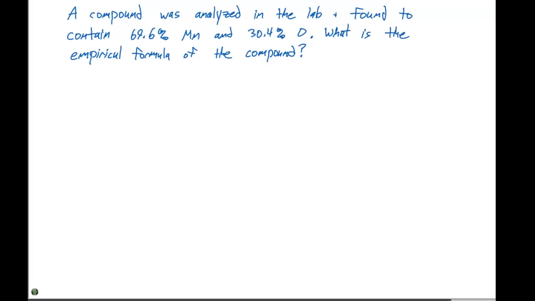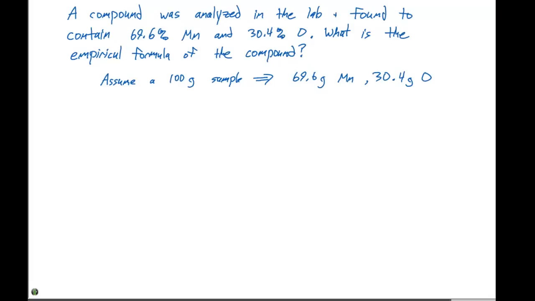So, step number 1, we are going to assume a 100-gram sample. If this is the case, we will have 69.6 grams of manganese and 30.4 grams of oxygen.